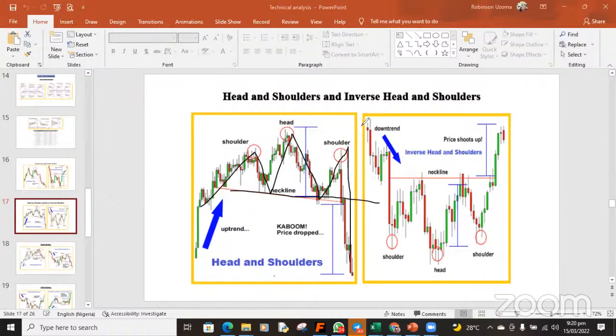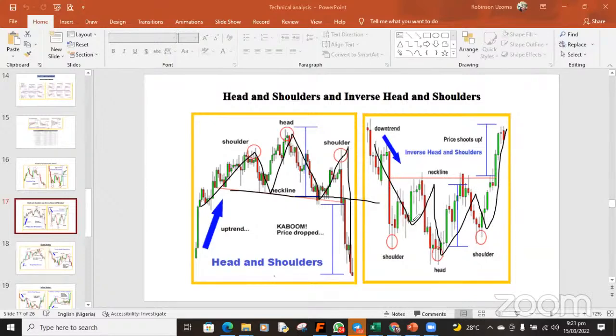Neckline. The same happened here, went up, came down, up, came down.